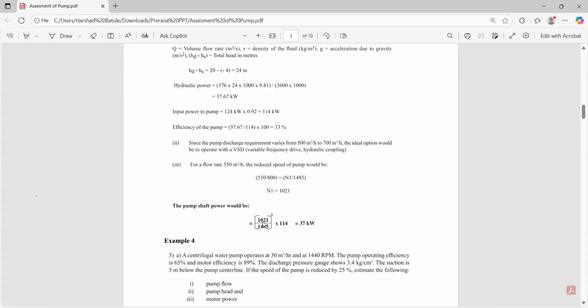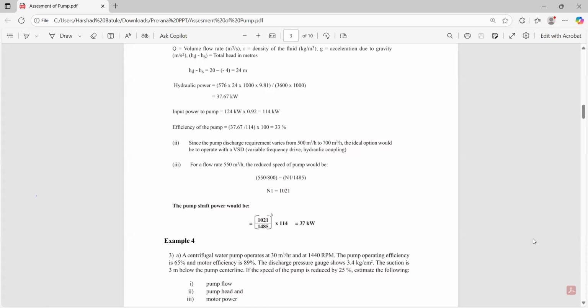So pump shaft power would be 1021 RPM divided by 1485, cubed, into original power. Means original power, the input power to the pump, was 114 kilowatt. So your hydraulic power would be 37 kilowatt only.